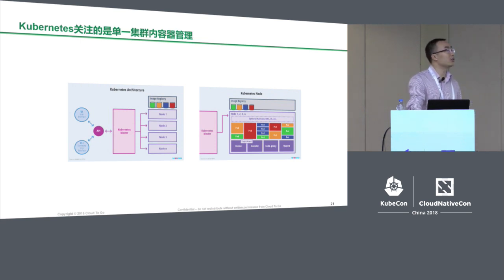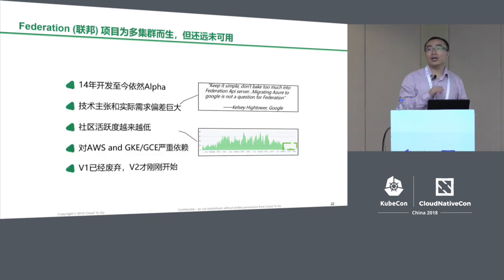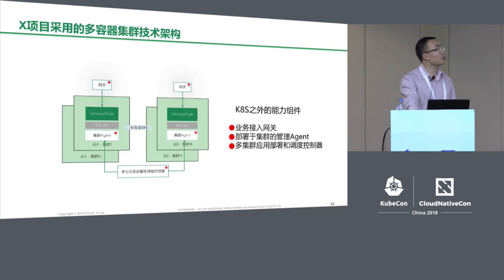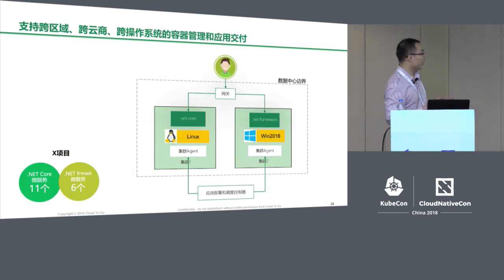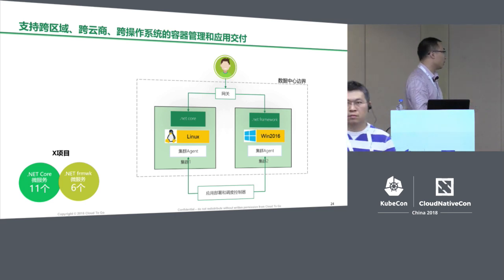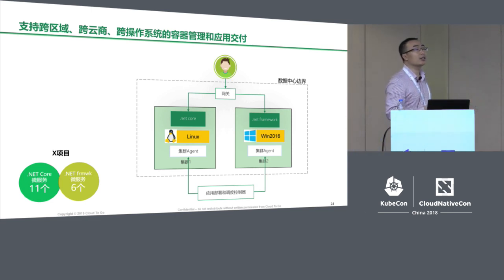We know that Kubernetes is one of our focuses, and it is focused on collaboration management. You might have heard about the Federation project. It's still in its initial phase, and we have made this logic management system, and the final mode is that after the modification of our X project, we have 11 .NET Core microservices and 6 .NET Framework services.